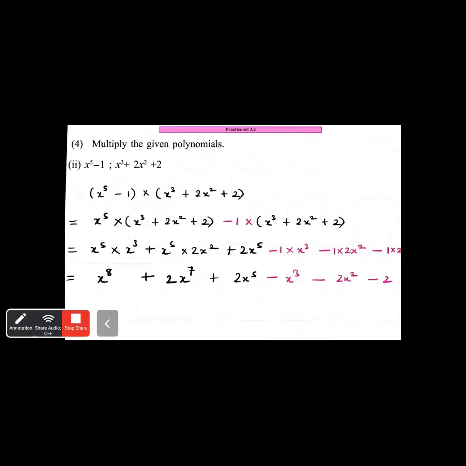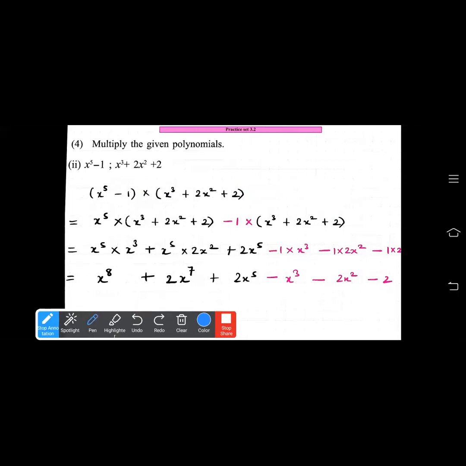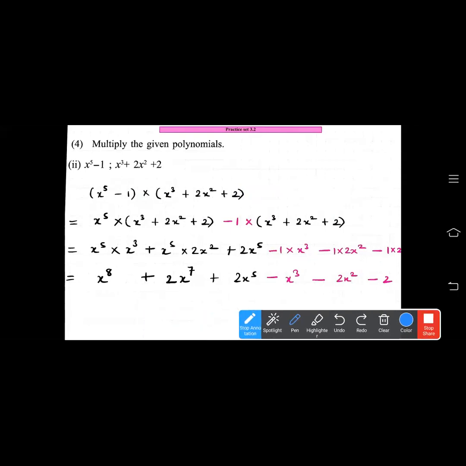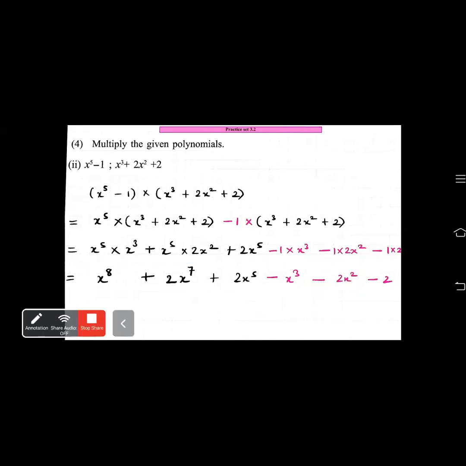After multiplication, what will you get? x raised to 5 multiplied by x raised to 3 will become, after using laws of indices, x raised to 8. x raised to 5 multiplied by 2x square is 2x raised to 7, plus 2x raised to 5 minus x raised to 3 minus 2x square minus 2. This is your final expression for the second part of question number 4.